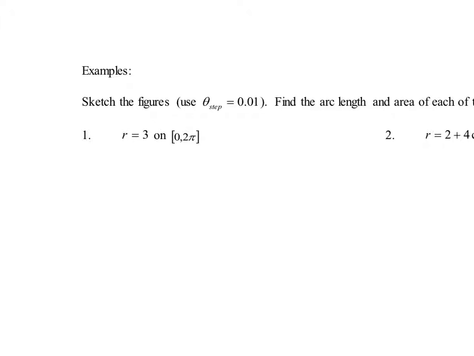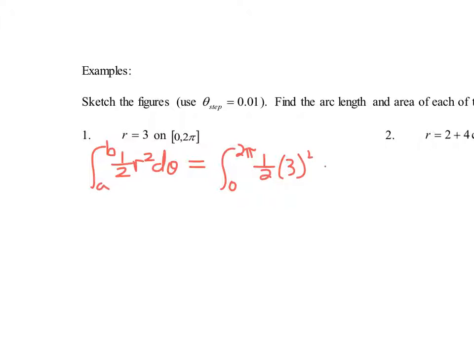All right, so integral 1/2 r squared d theta, going from a to b, alpha to beta, but we'll say a to b. All right, they gave us bounds. That's good, because I need bounds for my definite integral. So I'm looking at, on the interval of 0 to 2 pi, 1/2 3 squared d theta.